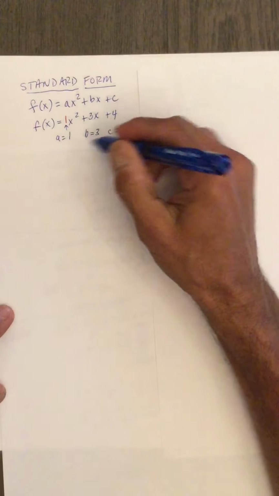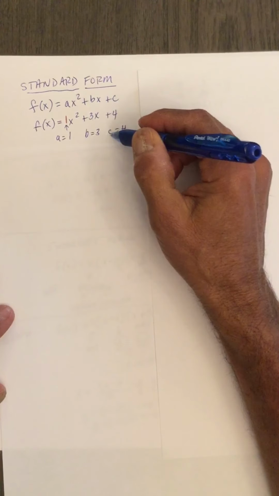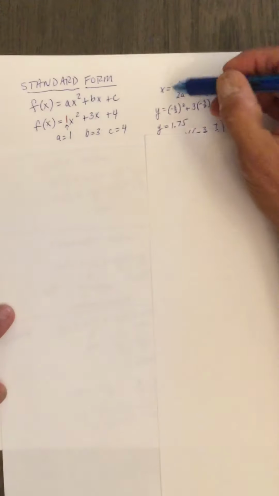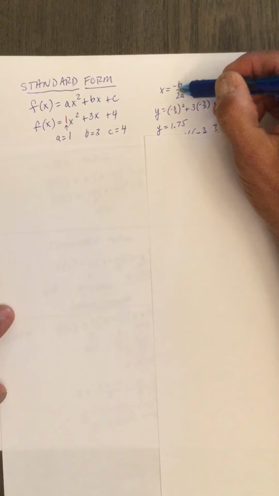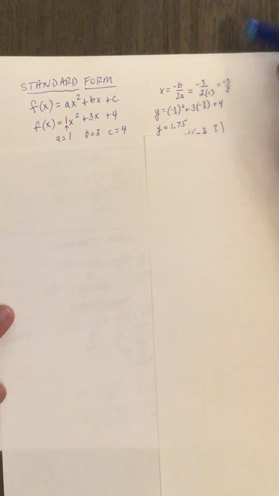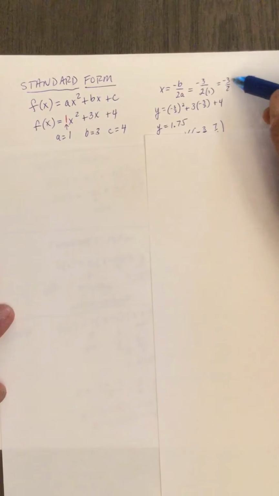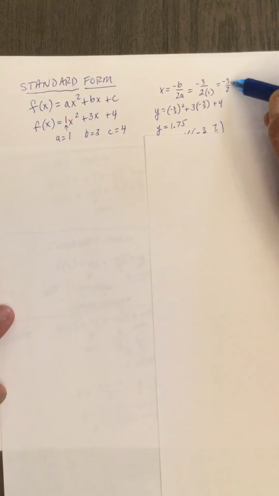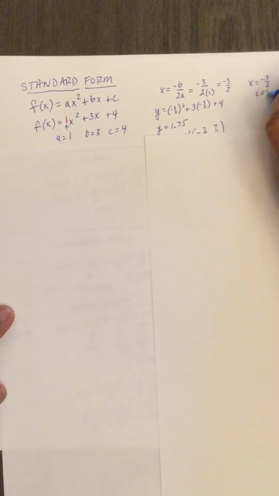Once you find a, b, and c, you use a formula: x = -b/2a. You plug the numbers into the formula. I came out with a fraction of -3/2. That is my x value, and it's also your line of symmetry.